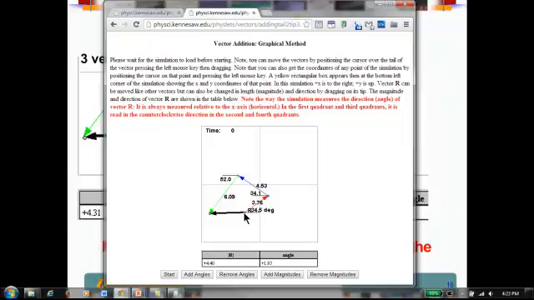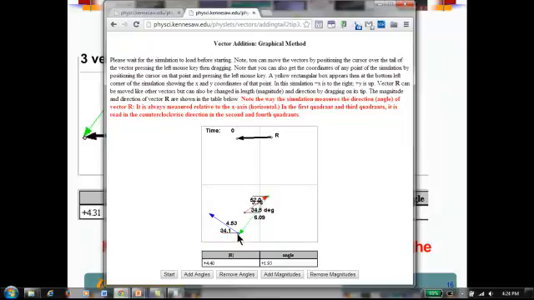Okay, now just to verify, let's swap the blue vector with the green vector. So red, then green, then blue. You notice I still get the same sum. That's telling me that the order is not important. I can try something else.